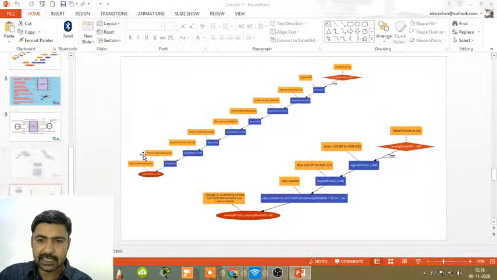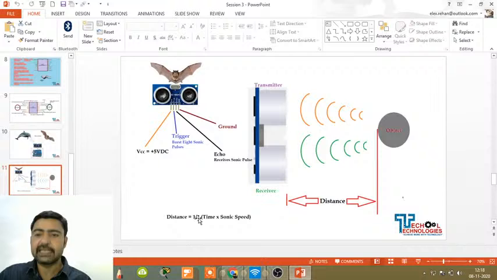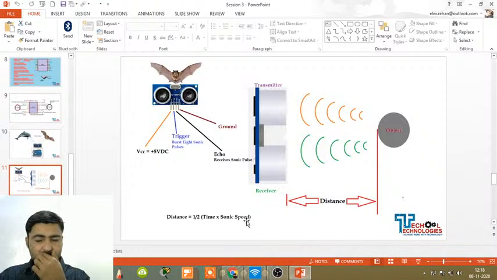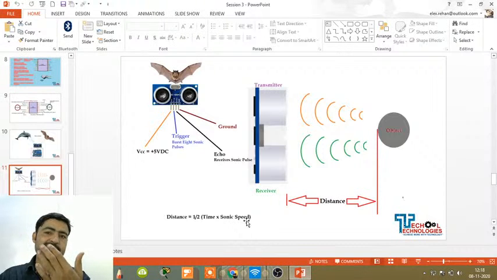From this we'll get one time, and as you are seeing on screen, there is a formula: distance equals time into sonic speed. Sonic is the speed at which the ultrasonic wave moves. By this we'll be detecting the distance. Automatically Arduino will measure the distance, and we need to divide it by half.